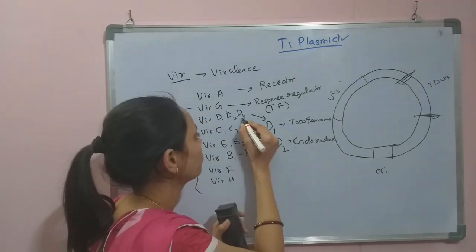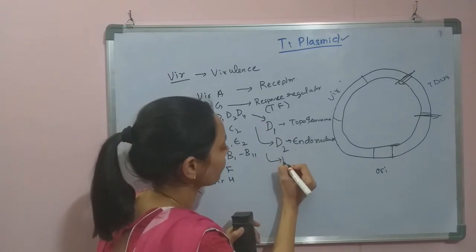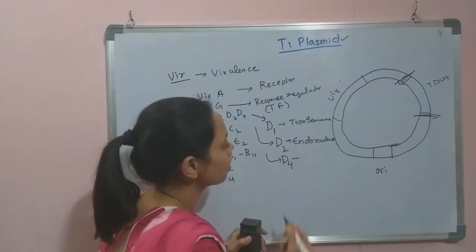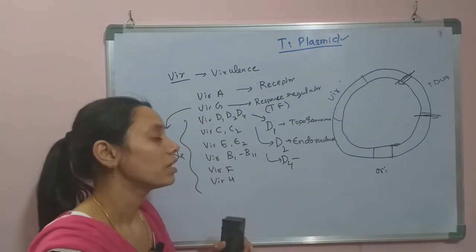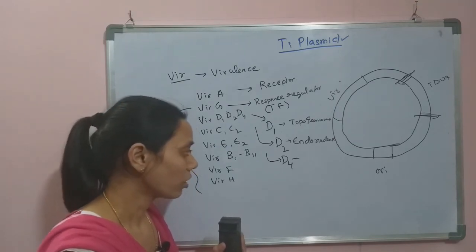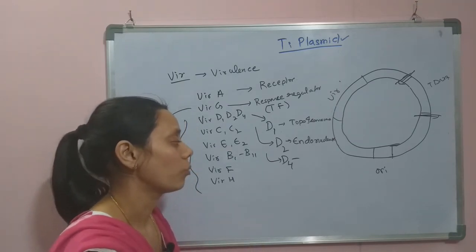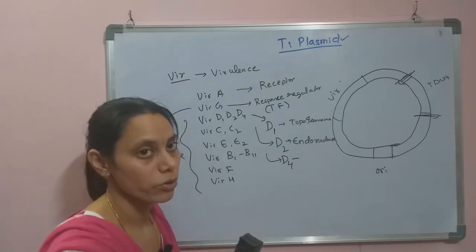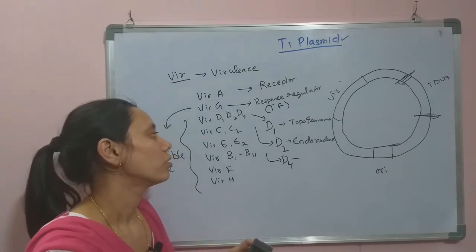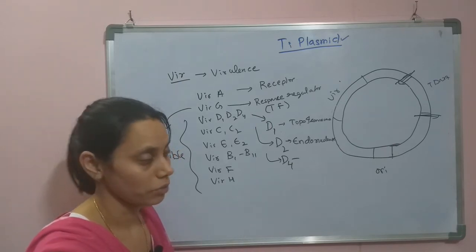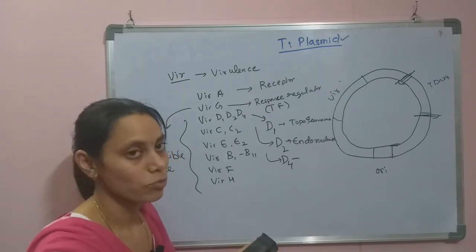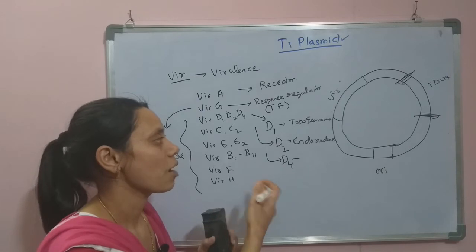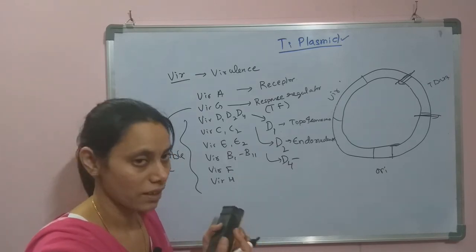And D4 gene basically is the energy giving component of the system. That means it is an ATP producer. So it donates the ATP to the system to have this cleavage happen and the topoisomerase activity happen.